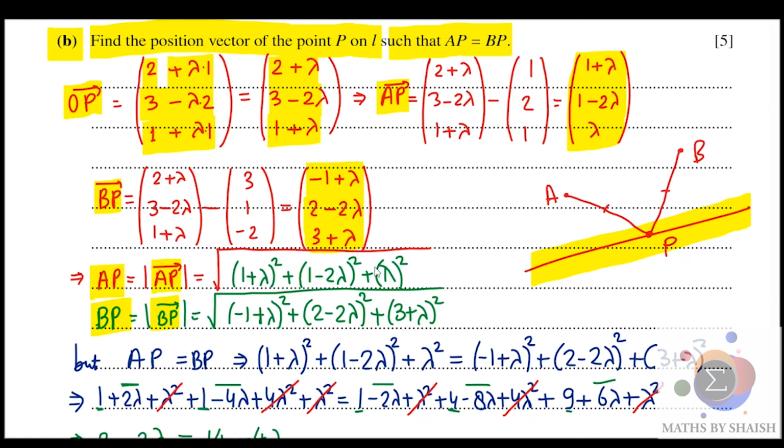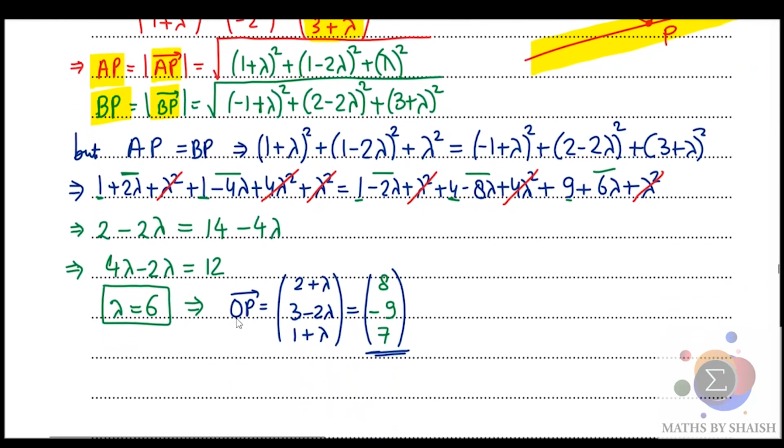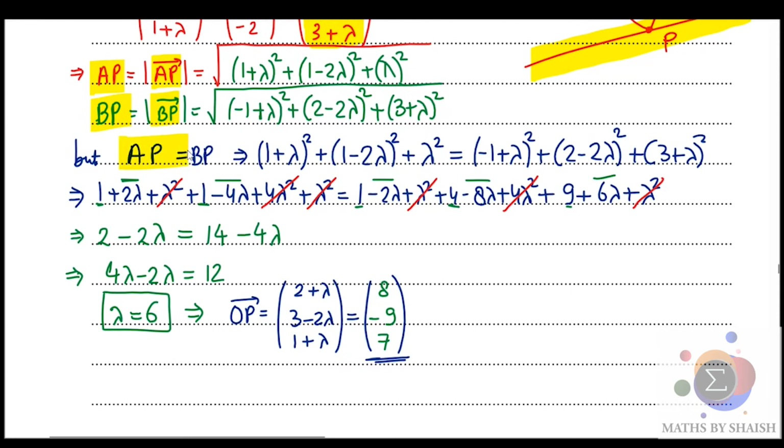So we will get this in terms of lambda, and now we are going to equate them because that's the condition. If we equate AP equals BP and then square it, we get the brackets with (1 plus lambda) squared, (1 minus 2 lambda) squared, and lambda squared equals this whole thing. Then we open it: this is the first bracket, this is the second bracket, and this was lambda squared. Similarly on the other side we open the first, second and third brackets.